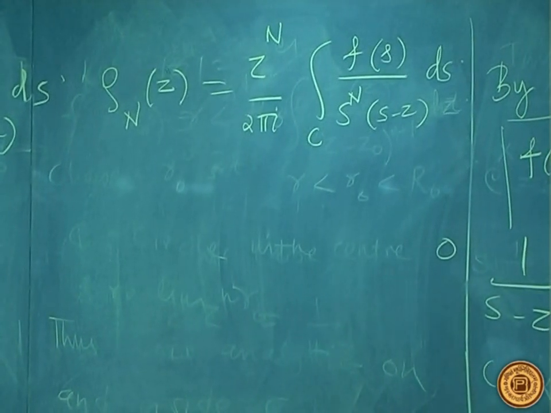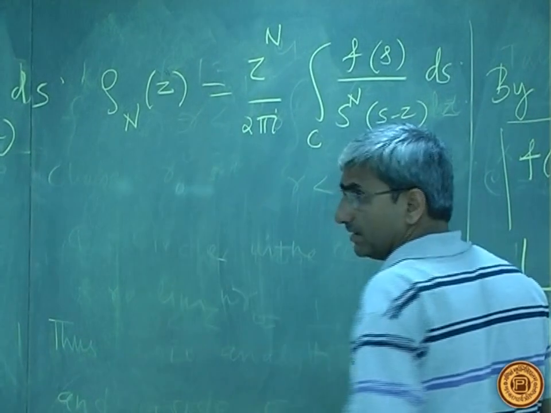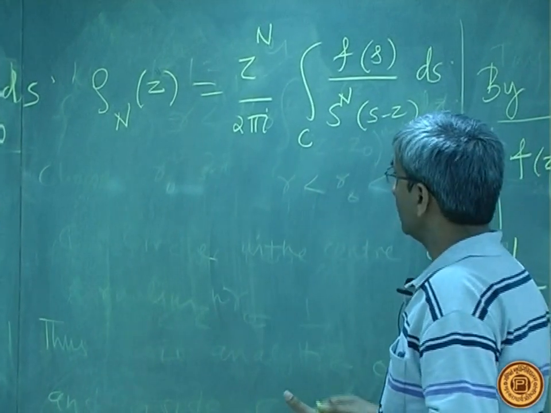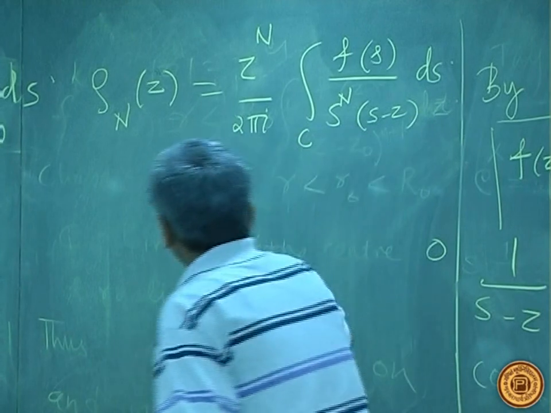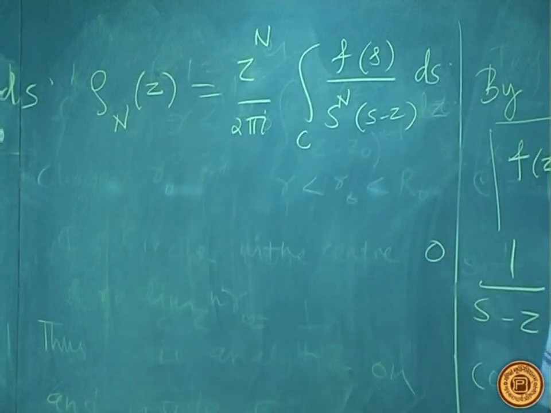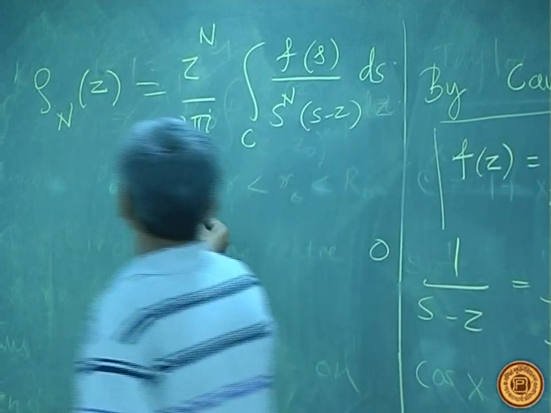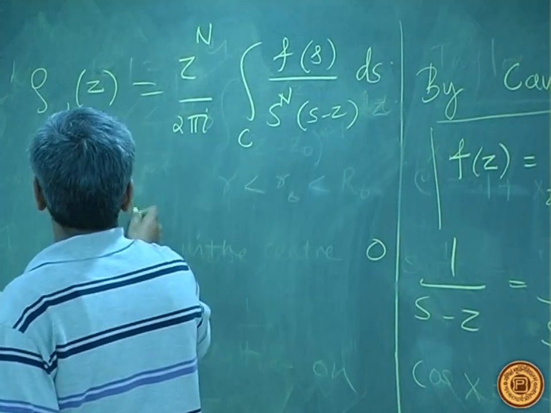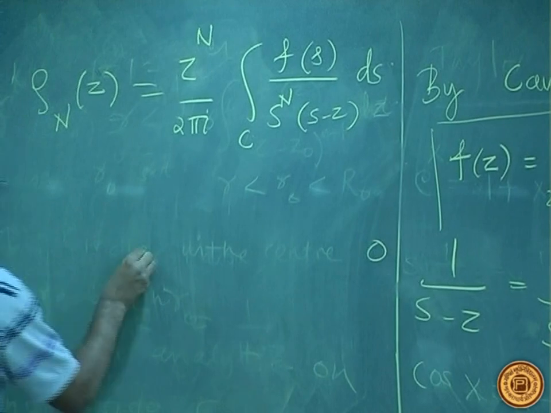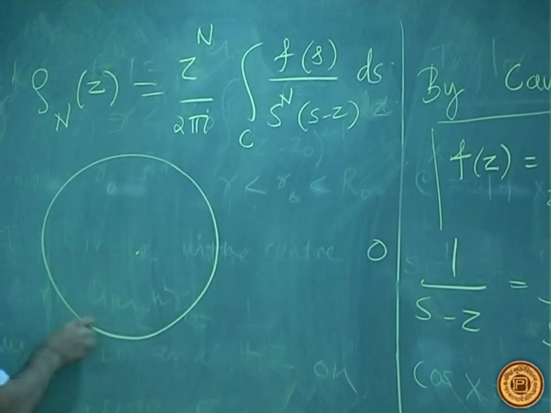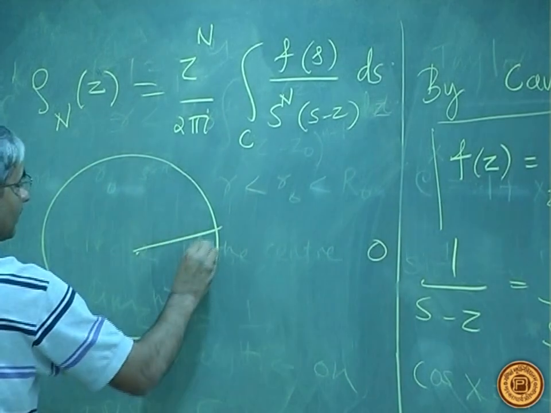Now when you want to estimate an integral, what is our standard trick? Standard trick is to use the M into L theorem. Okay. So now what is this curve C? Let me draw that picture again, which is now erased. Okay. What was C? So this point 0 is here, then this was capital R naught. Okay.